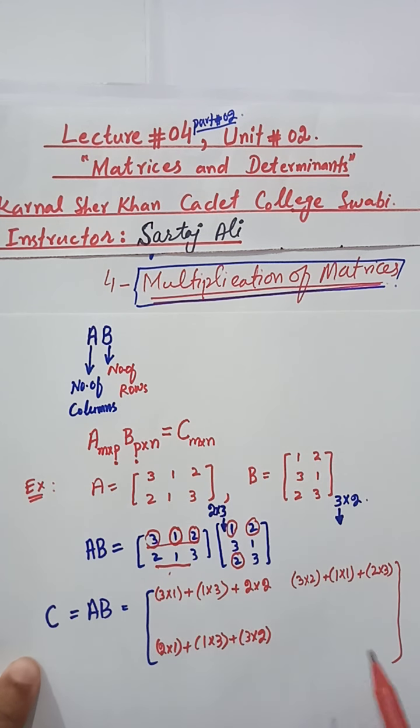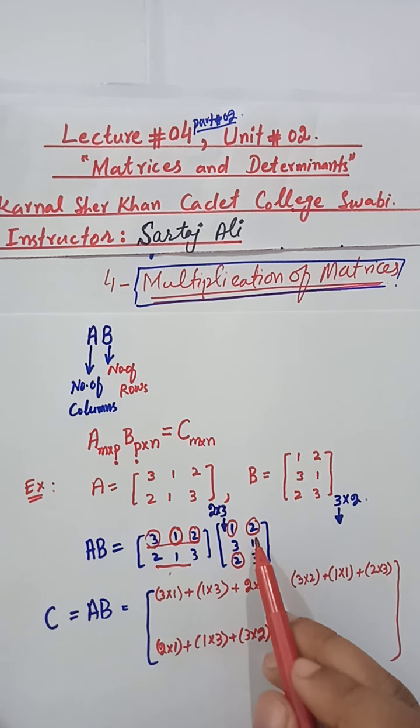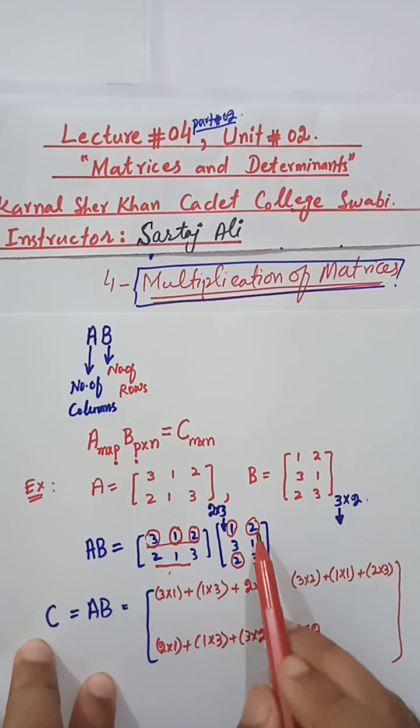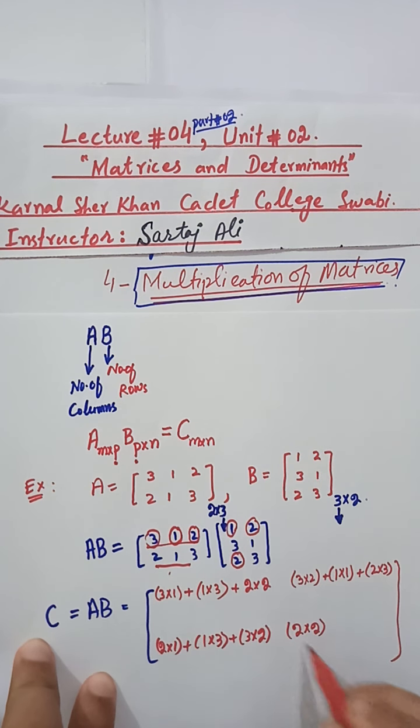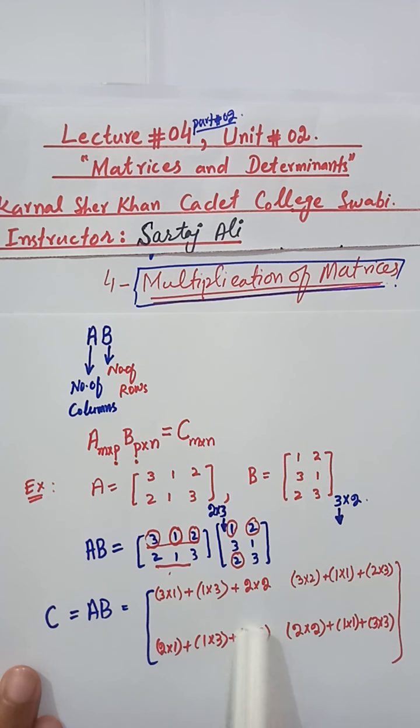And similarly, when you are multiplying the second row with the second column, 2 will be multiplied with 2 because this is the first element of the second row and this is the first element of the second column. You are multiplying the second row with the second column, and plus 1 we multiply by 1 and 3 multiplied by 3. So you see that when I multiply the second row with the first column, the product is 8.